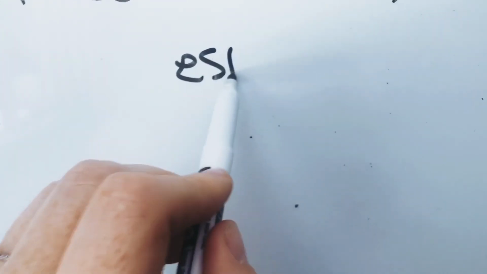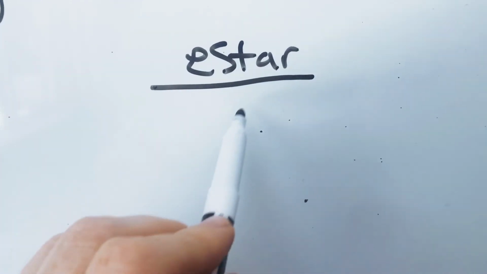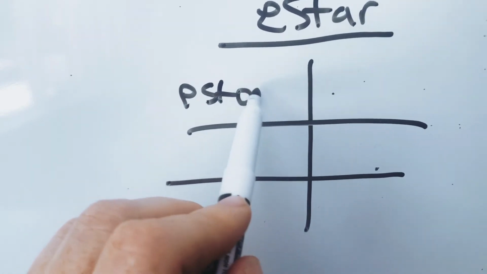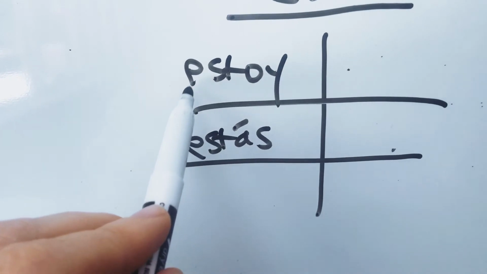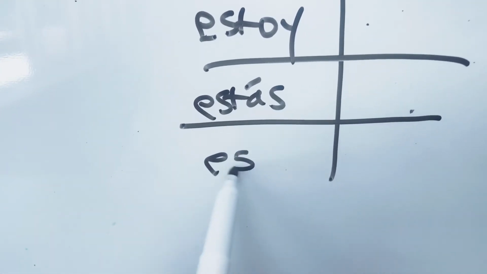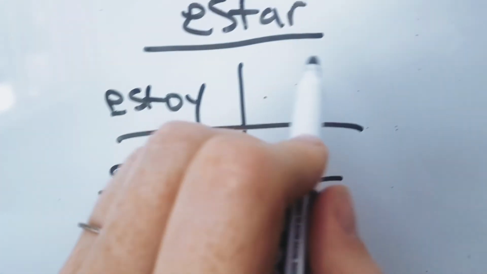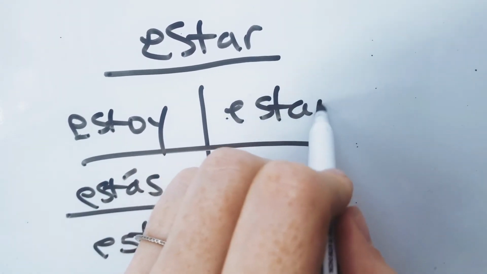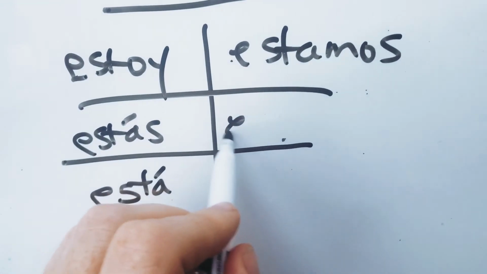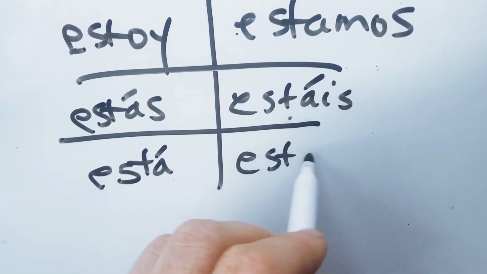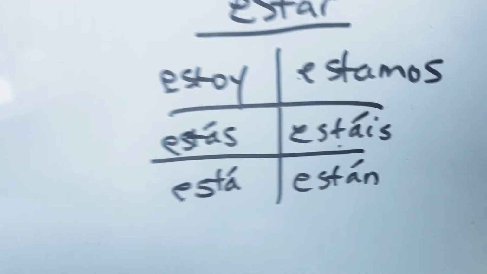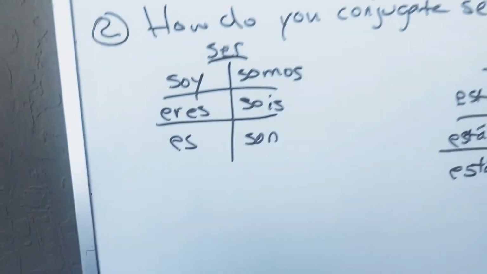For ser, ahora, estar. Estoy, estás, está, estamos, estáis, están. Muy bien. Final question.